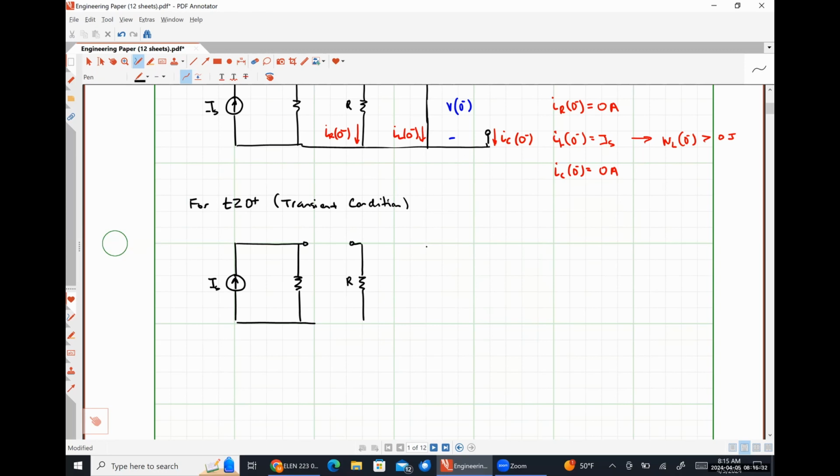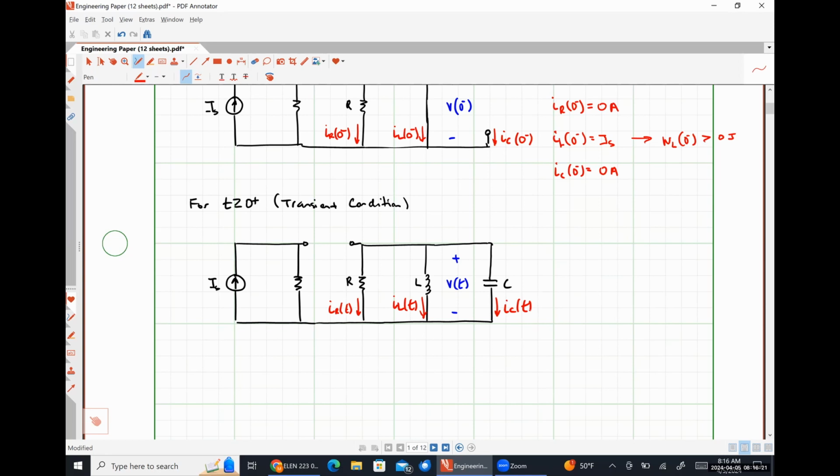This is our resistor R. This is our inductance L. Here's our capacitance C. And once again, I'm going to label things. So here's V of T, IR, IL, and IC.